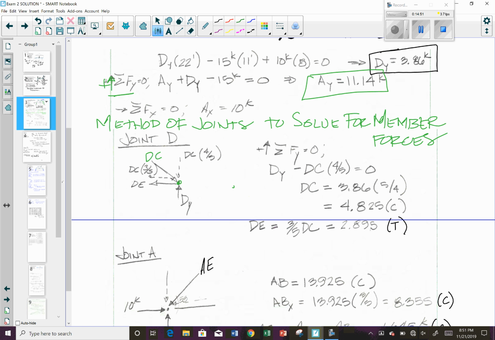The horizontal component is going to be 3/5 of that. The vertical component is 4/5. Vertical component is going to be equal to my vertical reaction. Therefore, I can solve for DC. DC is equal to 4.825. And this one is pointing toward the joint. So that means that member is in compression.